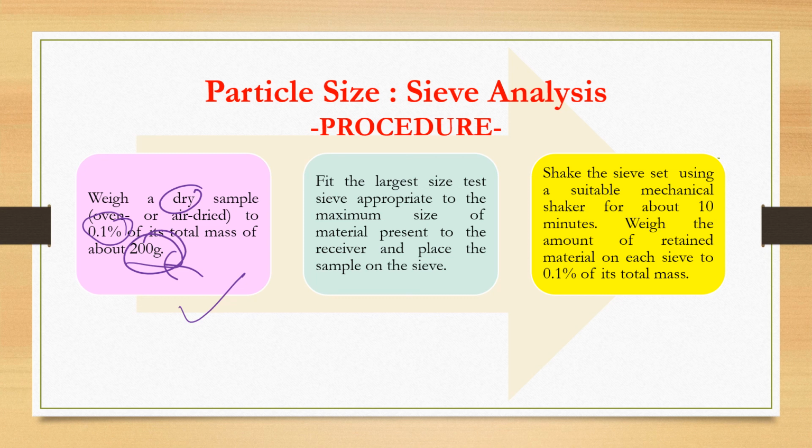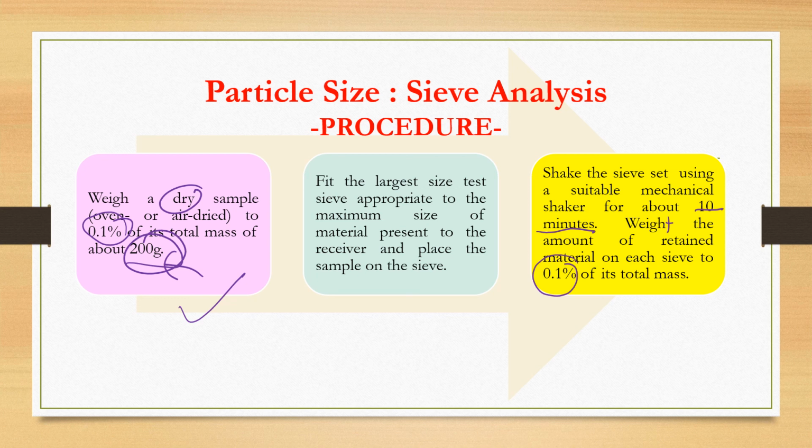Before you shake, you need to ensure that you have screwed everything tight with the lids, and then you shake the sieve set using a suitable mechanical shaker for about 10 minutes. Then weigh the amount of retained material on each sieve to 0.1% of its total mass. So it's a very simple test.